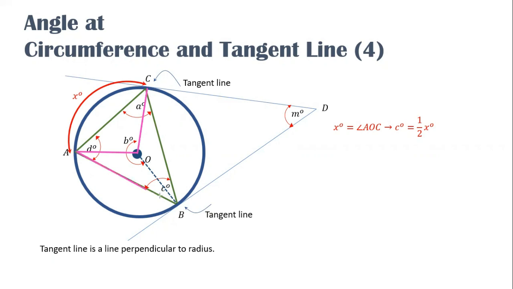And C degrees is the angle at circumference, right? So C degrees is a half of X degrees, which is a half of B degrees. Clear to you, everyone?